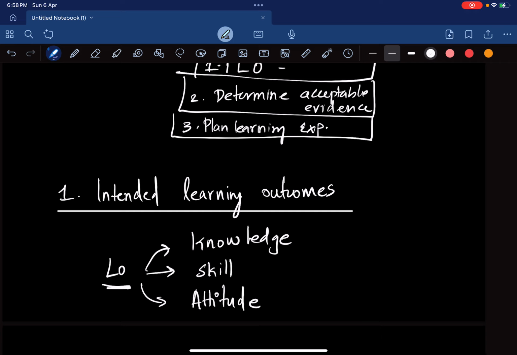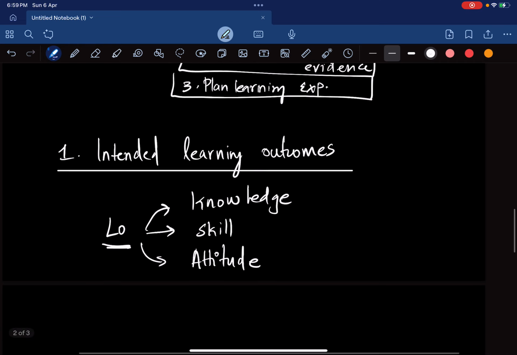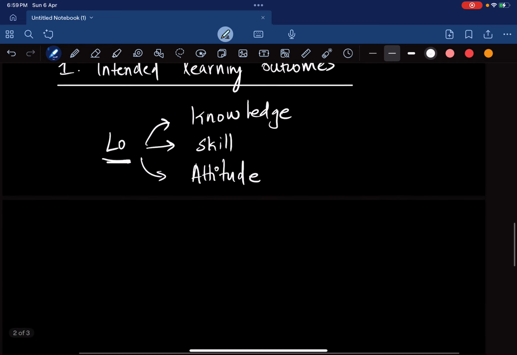We are far beyond the point in education where a learning outcome is remembering something or recalling a particular piece of information. I'm sometimes trying to deliver a skill. I'm sometimes trying to improve the class's attitude towards something. This is the first thing that we need to design when we start designing a lesson.